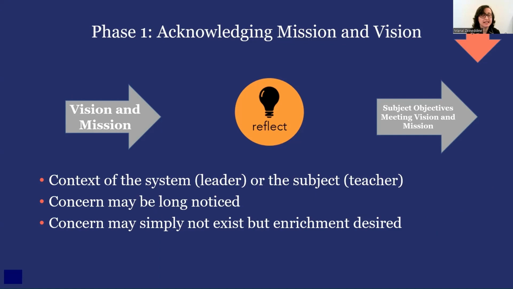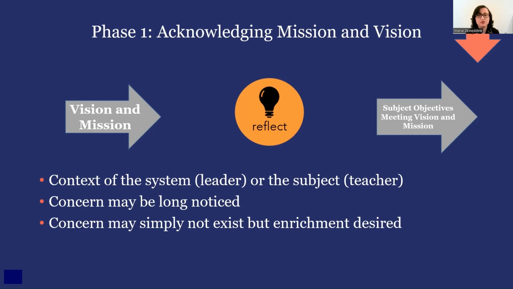We have to reflect. And here the context of the system here is the leader in case of leadership, and in case of a teacher handling design thinking inside the classroom. There is a concern here, and sometimes the concern may be long noticed and not reacted upon.